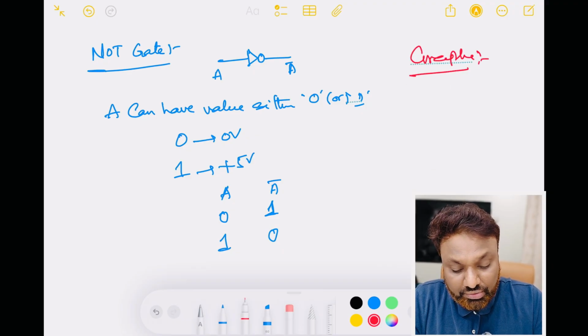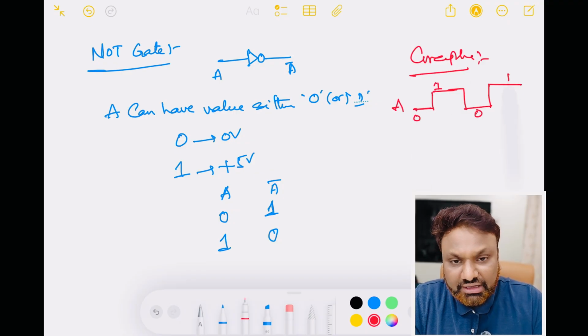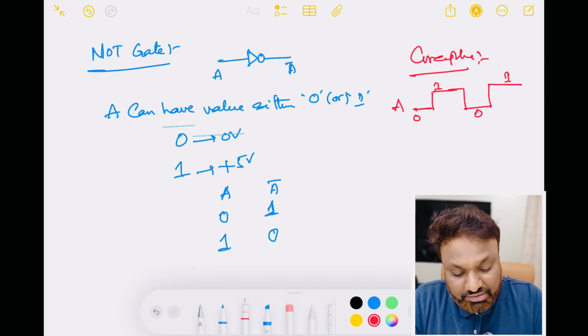So how is the graph in digital electronics? That will be in the form of either 0 or 1. Let us take my graph A like this. Whatever the pulse, you can take in the form of a square, where this one represents 0 and this one represents 1. I am taking a simple graph. So what will be my A bar?